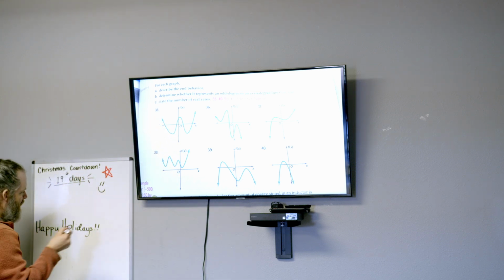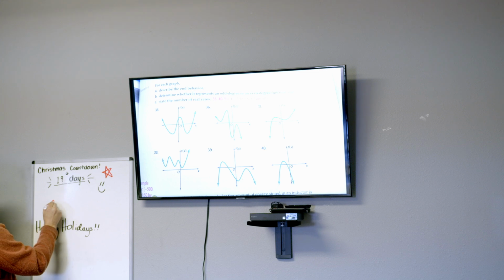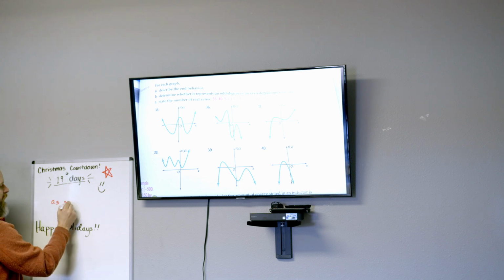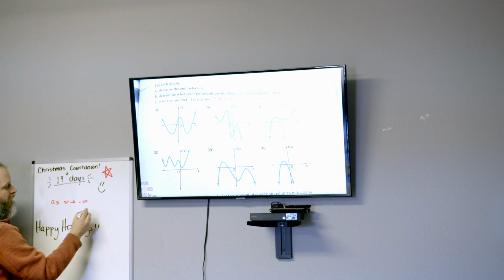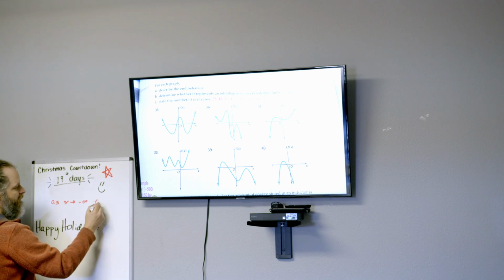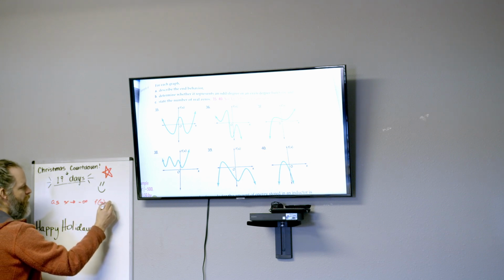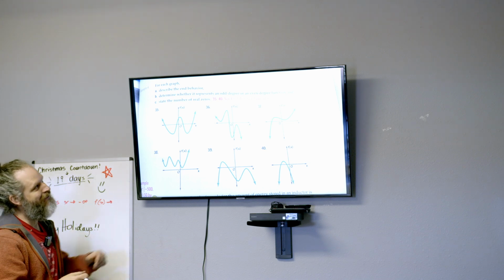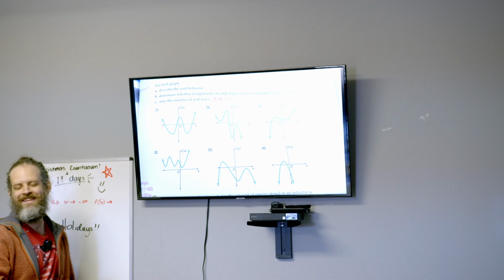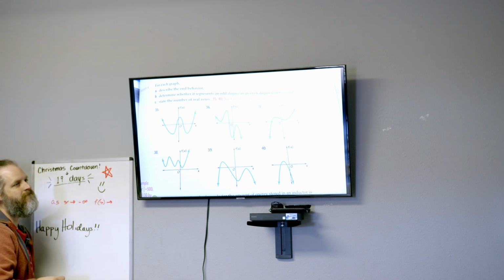So as x approaches negative infinity, f of x approaches, no. Why would you do that when it's literally labeled as f of x? So up and right are positive infinity, left and down are negative infinity.